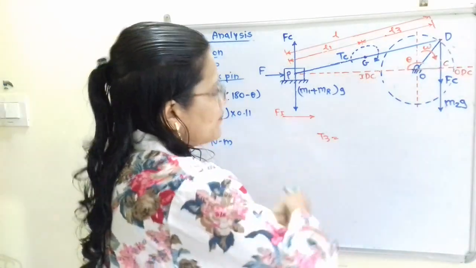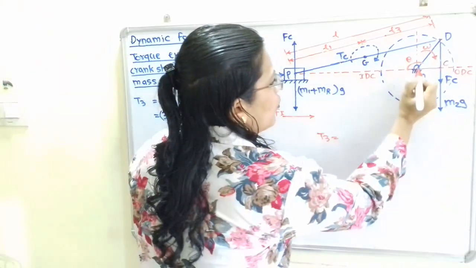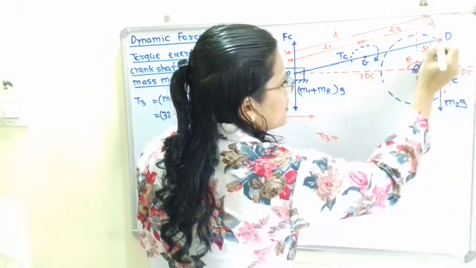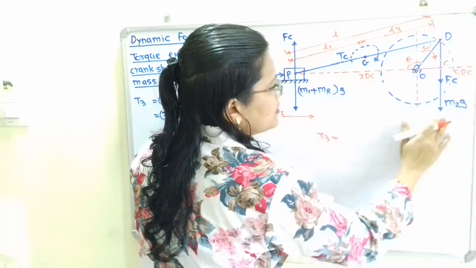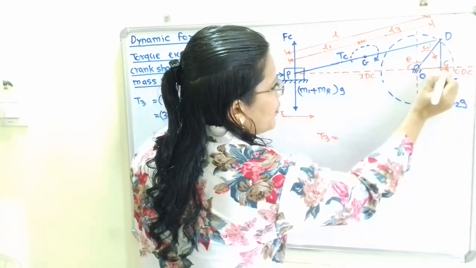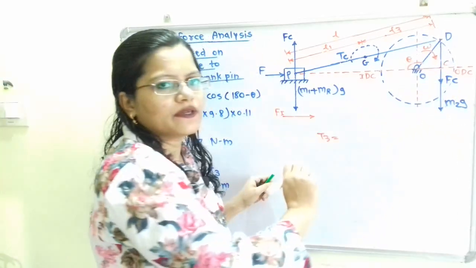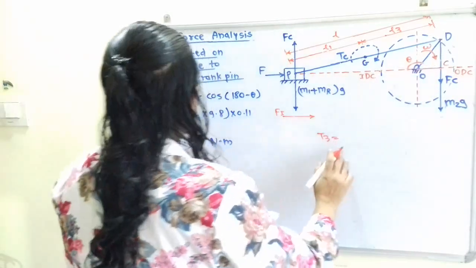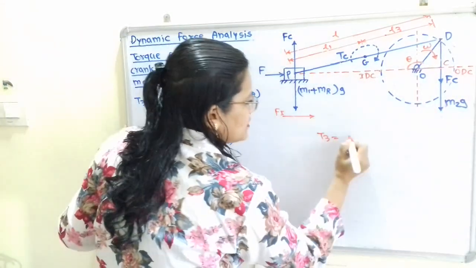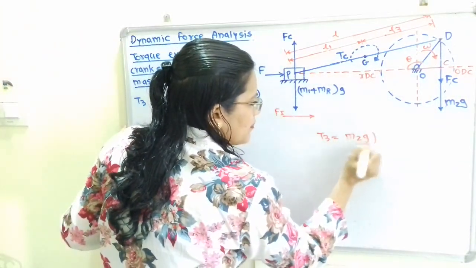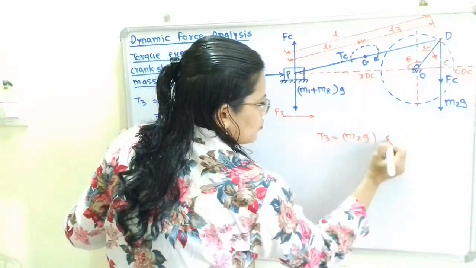I will draw here one line from this point O and up to this vertical line for this M2G, and at this point I will give here C. So how to calculate this? So torque T3 is equal to this M2G multiplied by this distance OC.